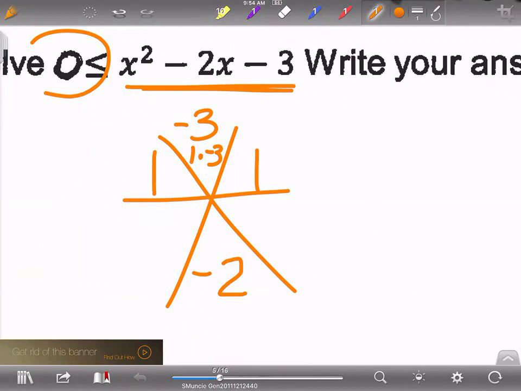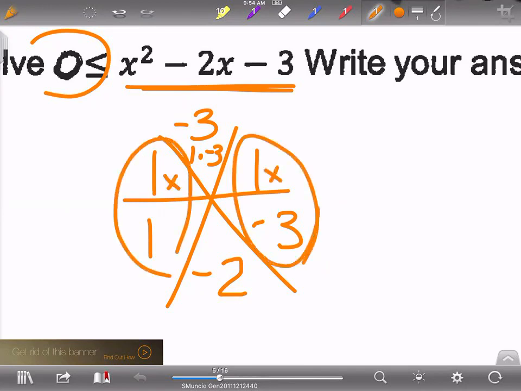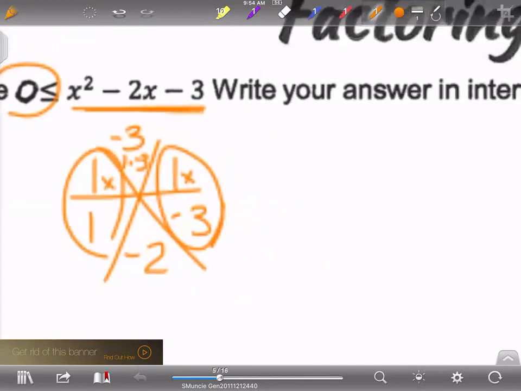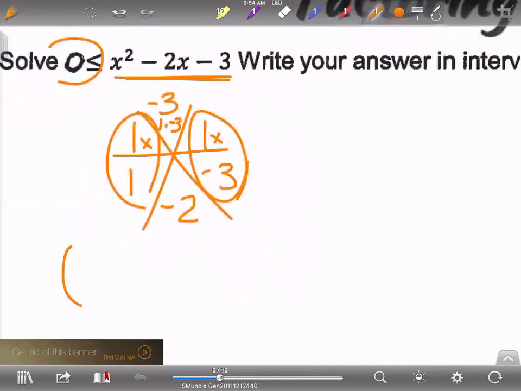I mean 1 and -3. Looking at your 2 fractions here and here, we cannot reduce. So we're going to have x plus 1 and x minus 3.